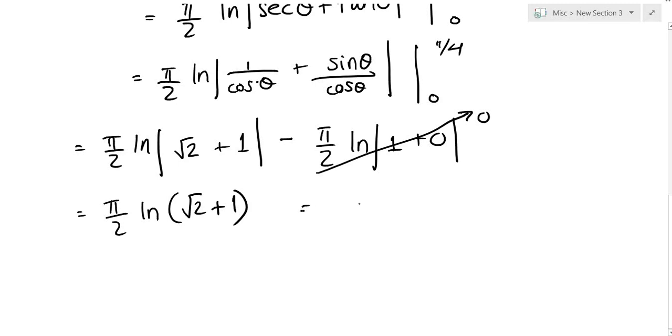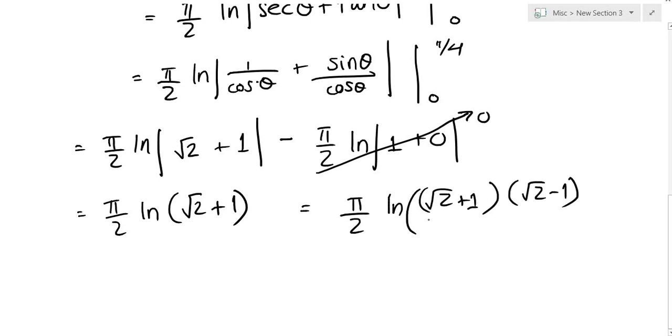Now, just for fun, we can try multiplying and dividing by the conjugate of square root of 2 plus 1 in the numerator and the denominator, just to obtain another answer expression.